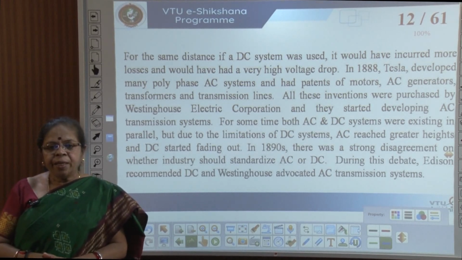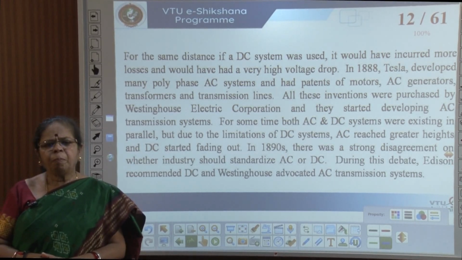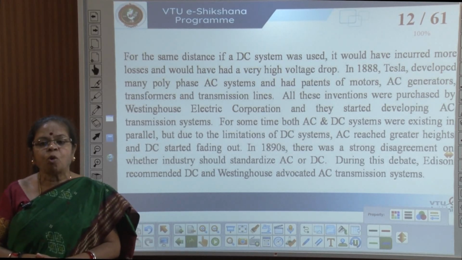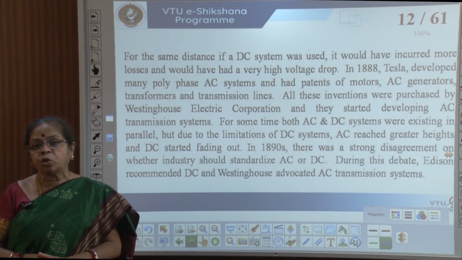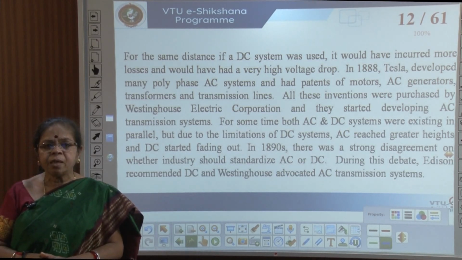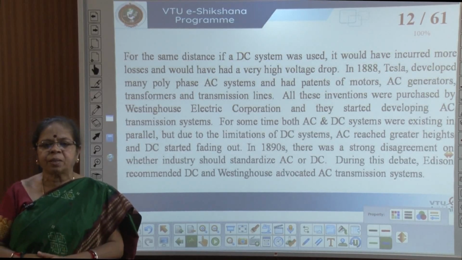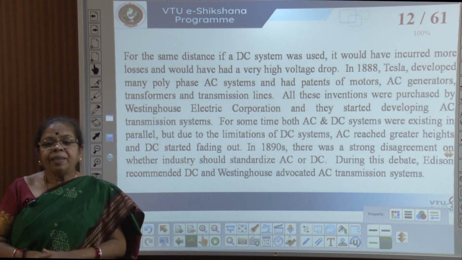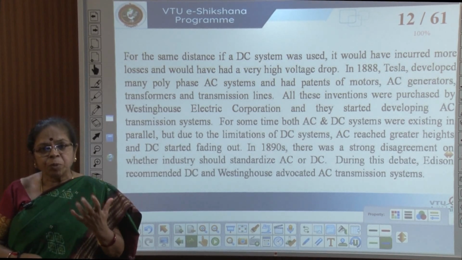In 1888, Tesla developed many more polyphase AC systems, and he had patents of motors, AC generators, transformers and transmission lines. Ultimately, Westinghouse purchased all these patents from Tesla, and they started developing AC transmission systems.